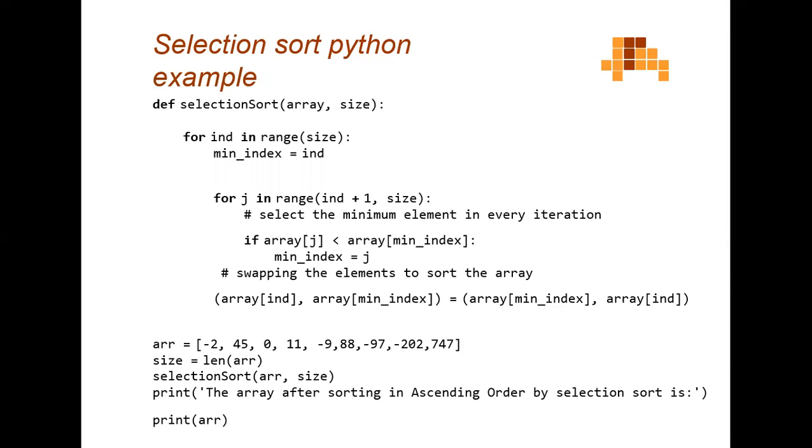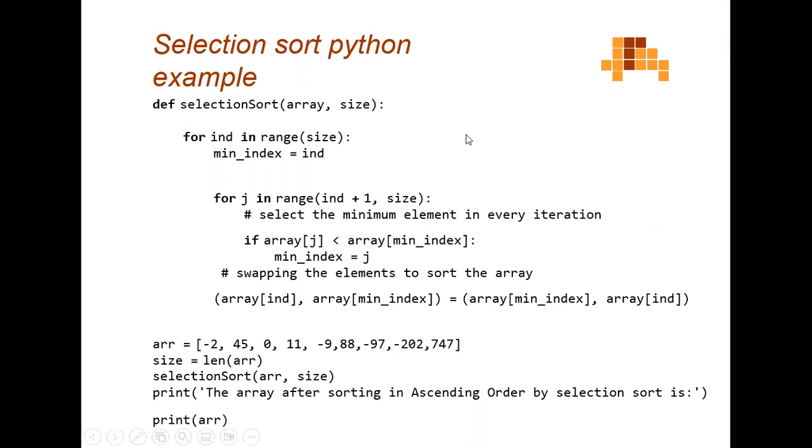The great thing in Python is that we can do it in a very neat way, and swapping the elements to sort the array will be done in this one line, which is very nice in Python, I would say, and we can iterate through it. Very important is that the index, when using selection sort, is always changing. At the very bottom, we see how the call could look like. It's very interesting as well.